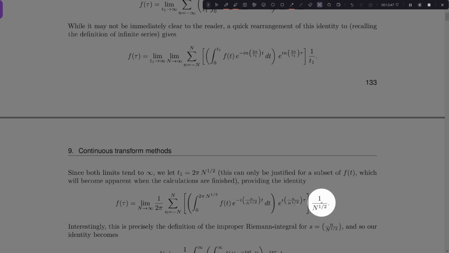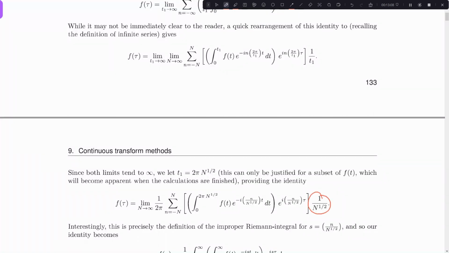It's not so clear, but this 1 over n to the 1/2 is tending to 0, and I have an infinite sum over something that tends to 0. This is exactly the improper Riemann integral, right? This is like delta x. This is like x0 to x. This is really n to the 1/2 x0, n to the 1/2 x1. Those are my limit bounds there, and then this is tending to infinity.